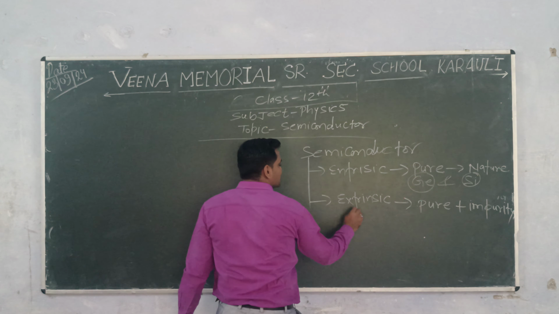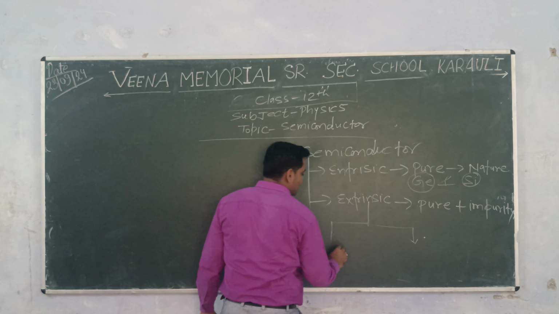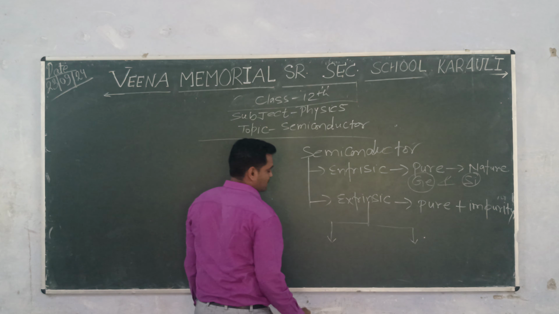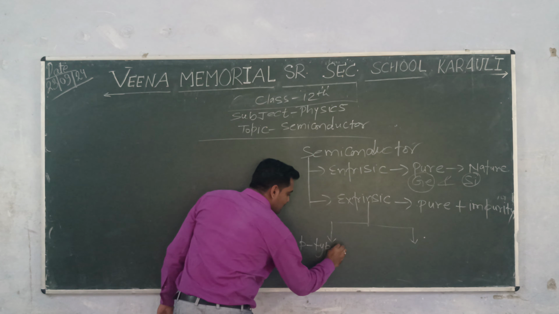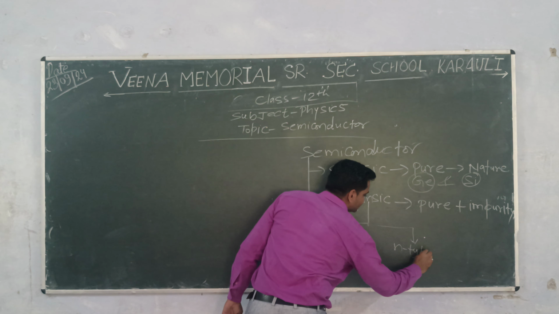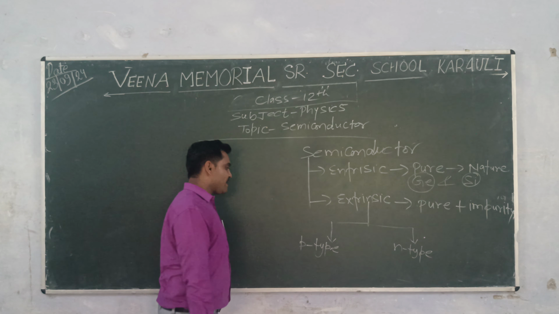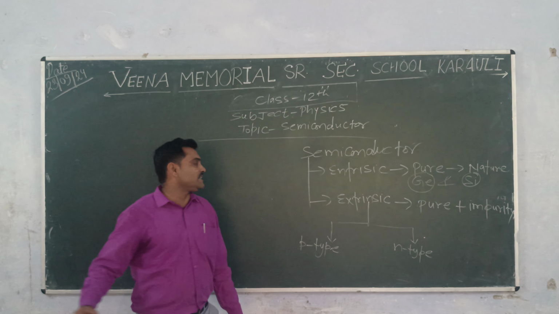So, on the basis of mixing of impurity, extrinsic semiconductors are of two types: first is a p-type semiconductor and second is an n-type semiconductor.